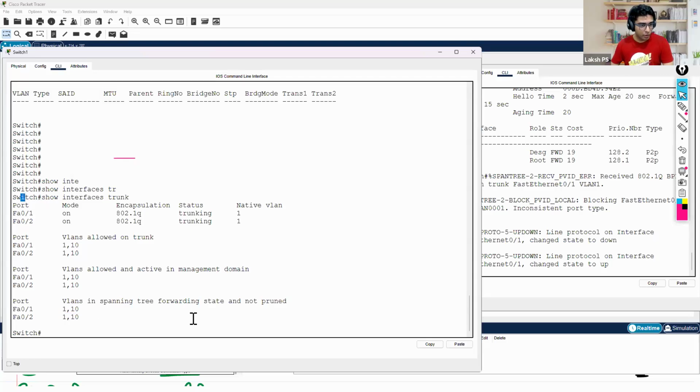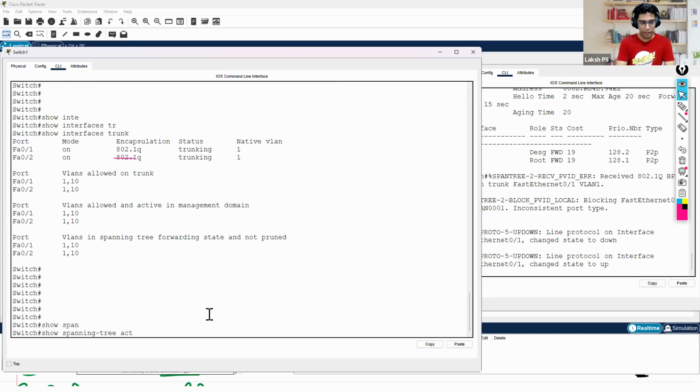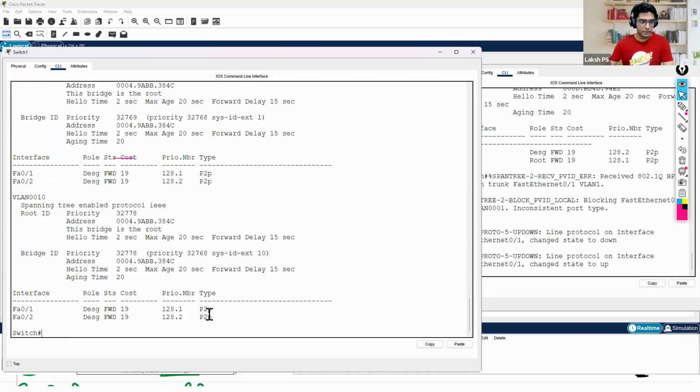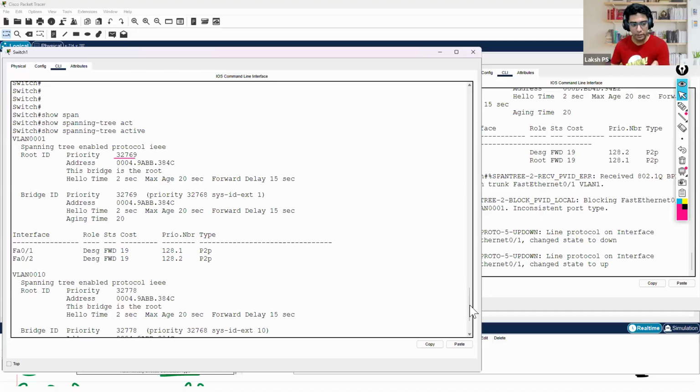I'll go deeper into this output after I show you show spanning tree active. Here you will understand what I was saying earlier. The moment I created VLAN number 10 on this switch, spanning tree started to run for VLAN number 1 and VLAN number 10 both.